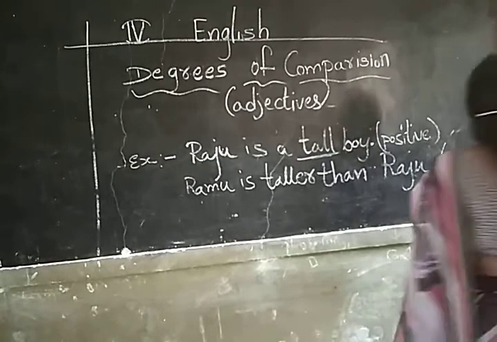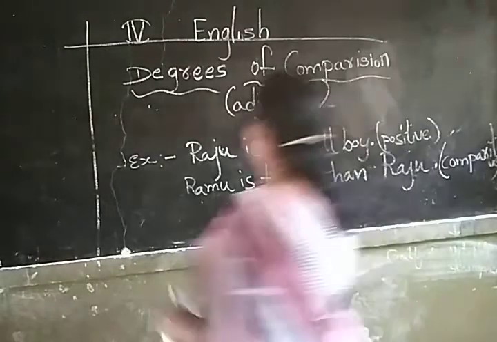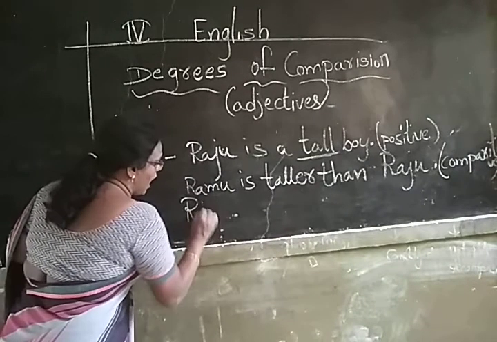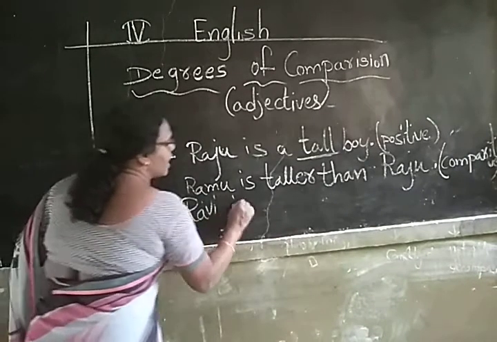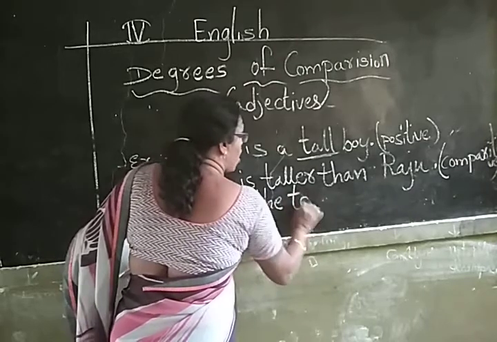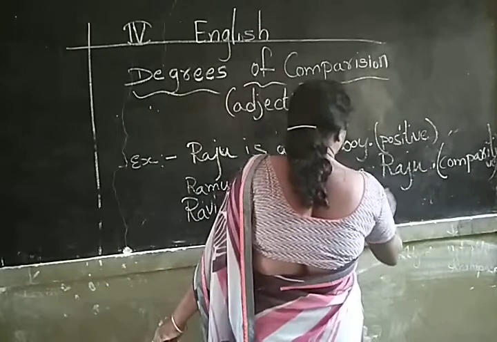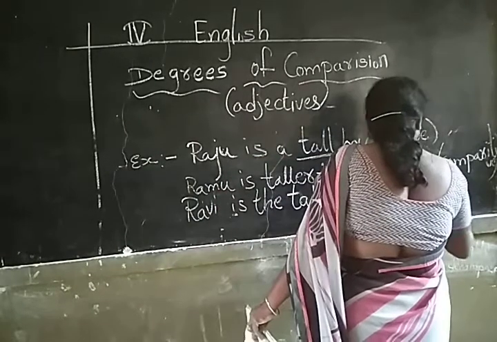Comparative. Okay, Nana. Next, the third one: Ravi is the tallest person in the class.